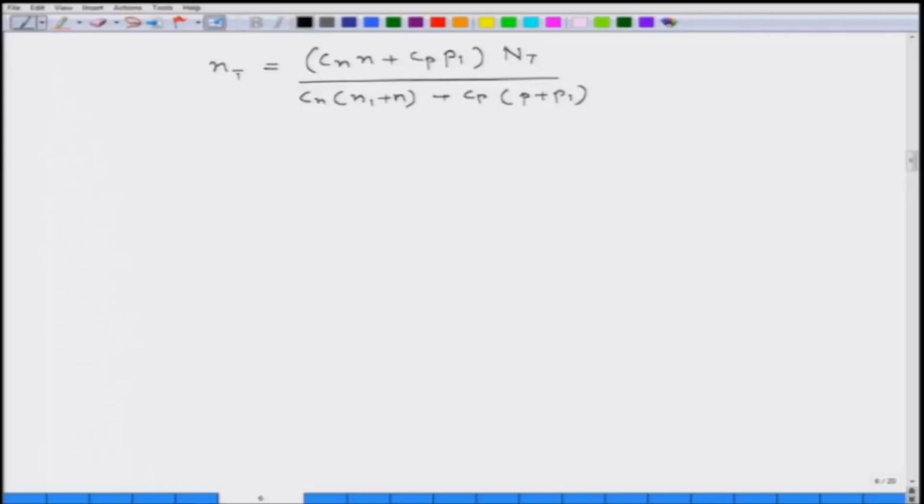So, I know the concentration of trap levels which are filled.